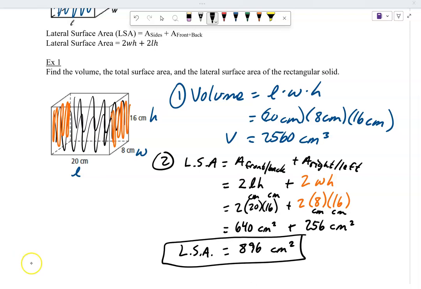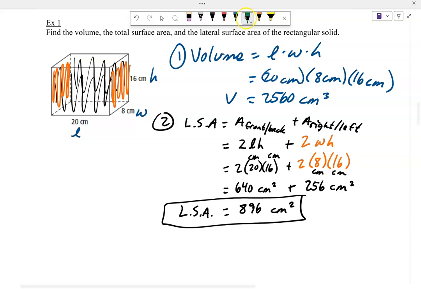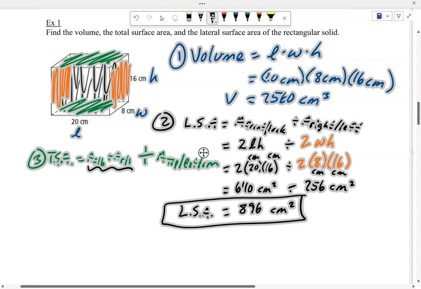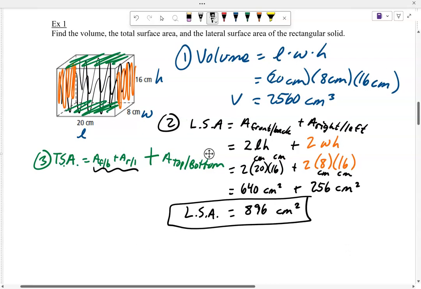All right, now we're going to move into total surface area. So number 3, total surface area, which is the lateral surface area, the area of the front and the back and the area of the right and the left, but it also includes the top and the bottom. Well, we already have these two, right? That's our 640 and 256. Those two together were our lateral surface area.